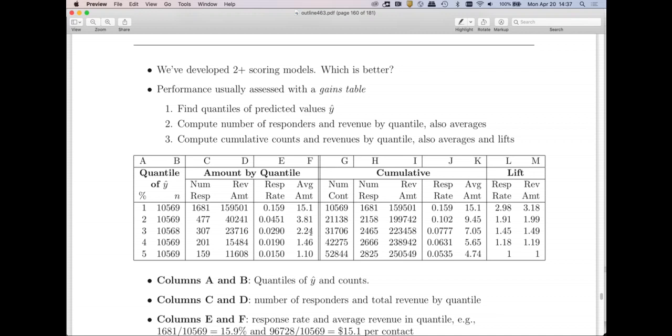Now, I just mentioned that we probably don't want to just have short-term thinking. This is a topic of another lecture, but there's additional value to getting a customer to respond. You have a better customer. They're more recent, they're more frequent.